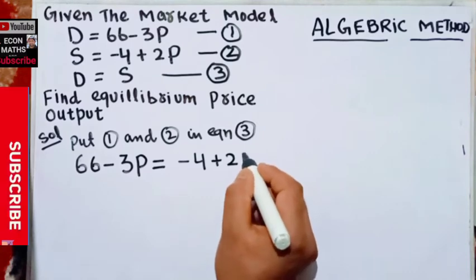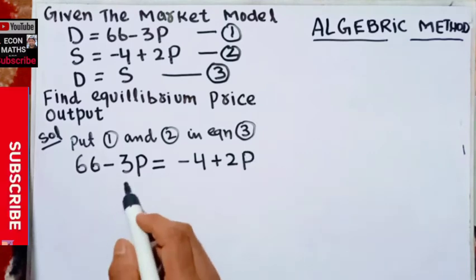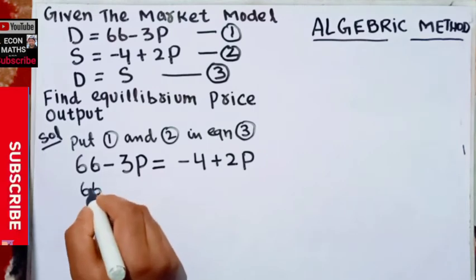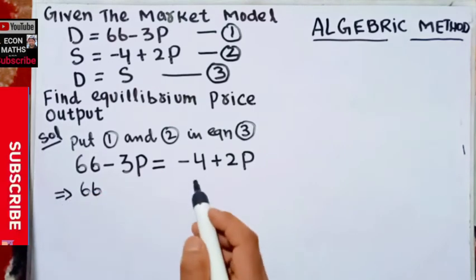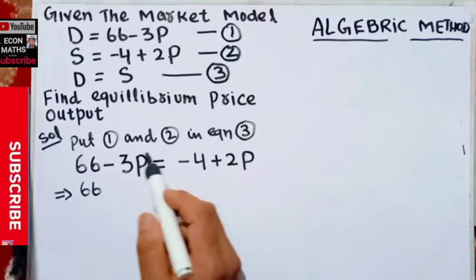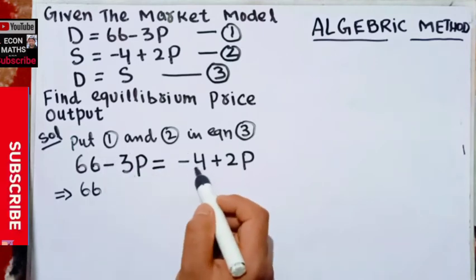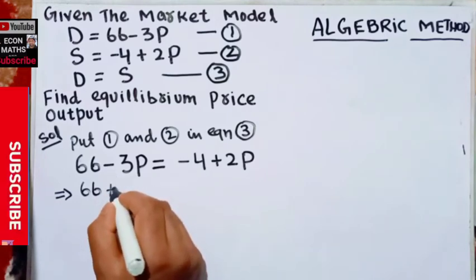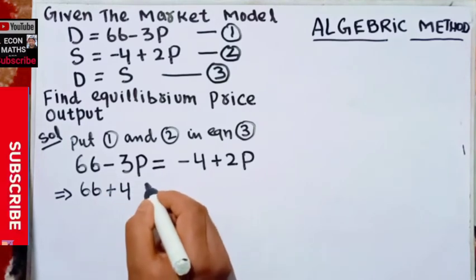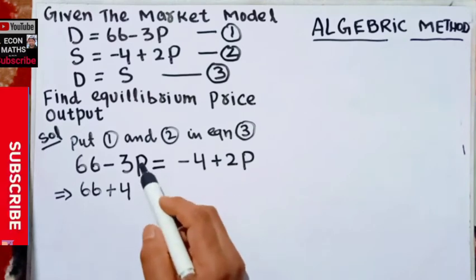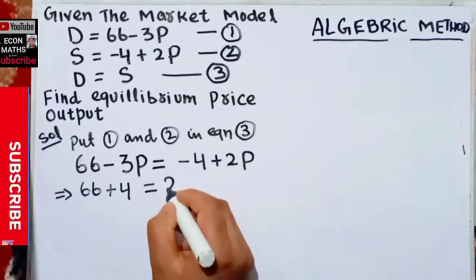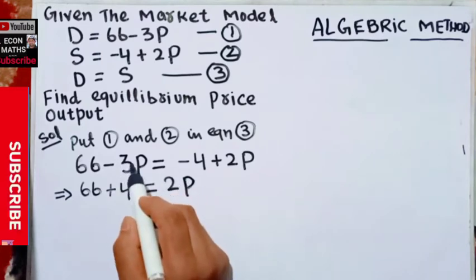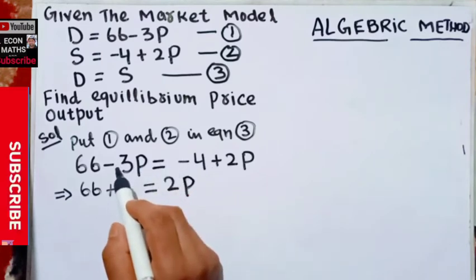Now solving for the price. Here I will write 66. Now I will take this minus 4 to the LHS. When transposing to the LHS, this will become plus 4. Now I will write the equality sign, and here it is 2P, and I will transpose this minus 3P to the RHS, so minus 3P will become plus 3P.